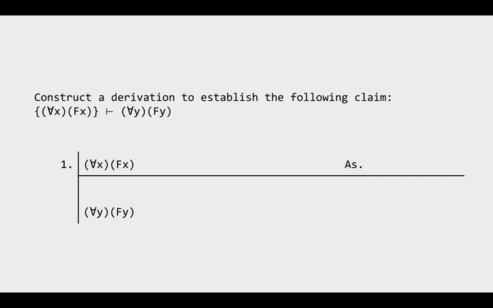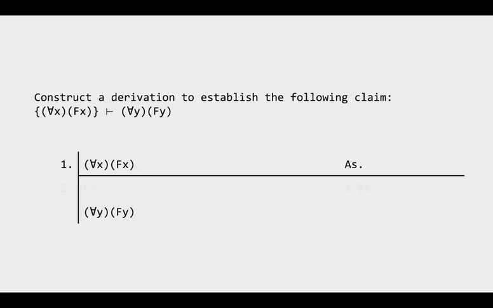So that is what I've done here, and it looks like a simple changing of quantifiers. You go from universal quantifier x to universal quantifier y. So it looks pretty simple. All you have to do is take off the quantifier, the x, and then put on another one, the y.